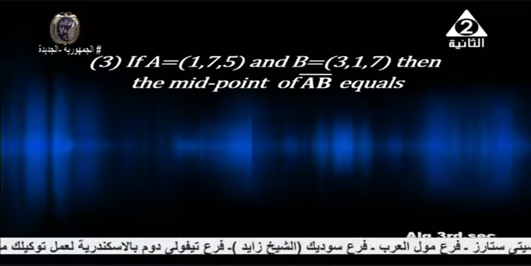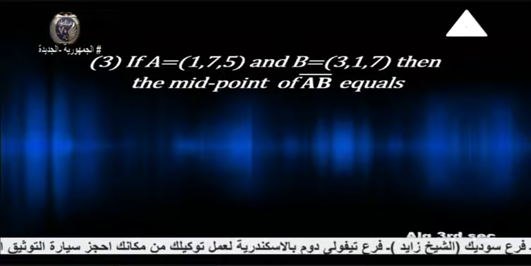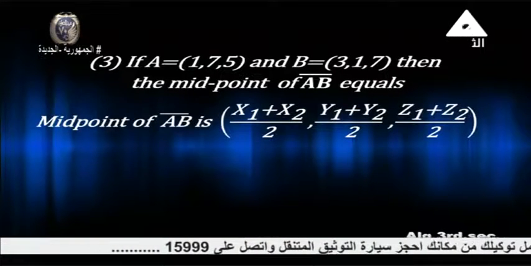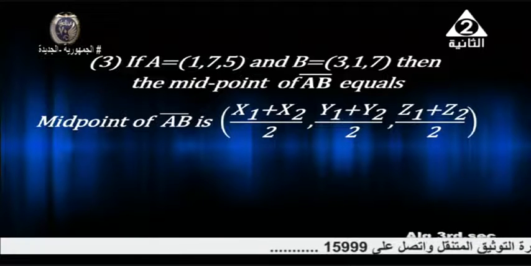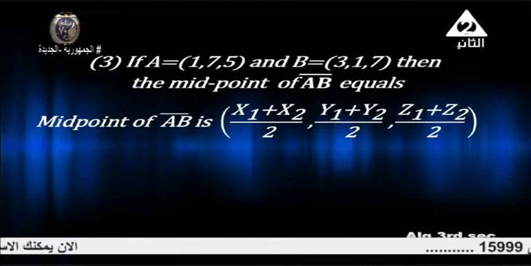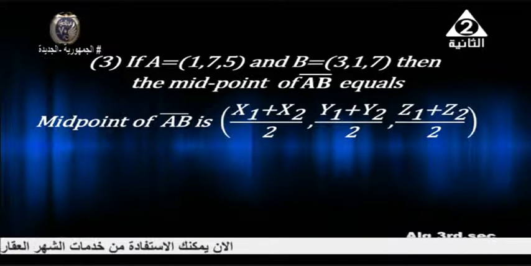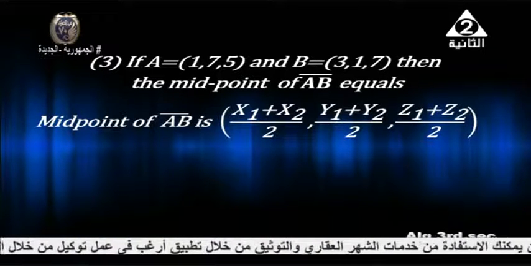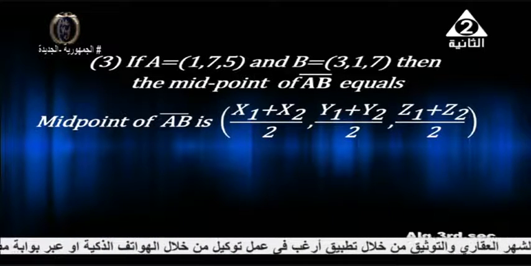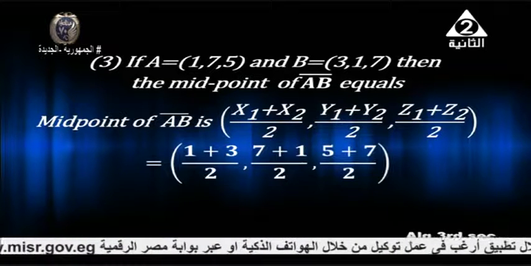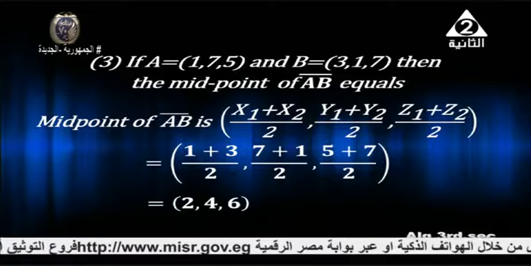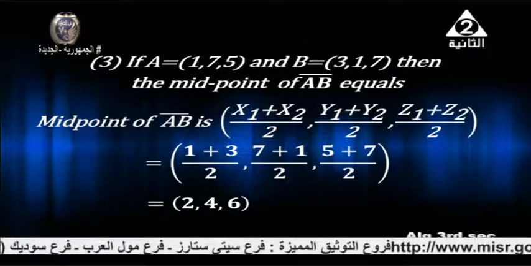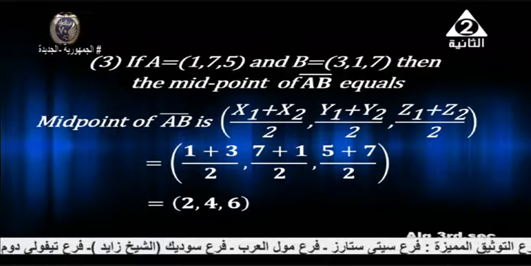No, that is the distance. The midpoint is (x1 plus x2 over 2, y1 plus y2 over 2, z1 plus z2 over 2). This is the midpoint of line segment AB. By substituting the coordinates of x, y, z of A and B, the midpoint is (2, 4, 6).